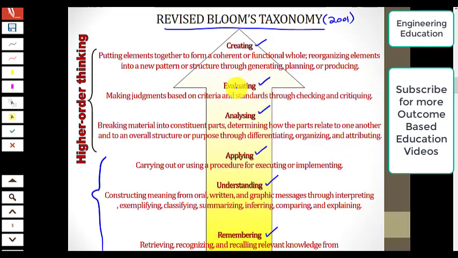Fifth is evaluating, making judgments based on criteria and standards through checking and critiquing. Sixth is creating, putting elements together to form a coherent or functional whole, reorganizing elements into a new pattern or structure through generating, planning, or producing.